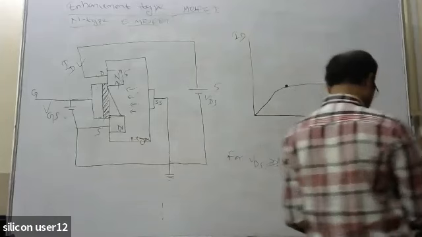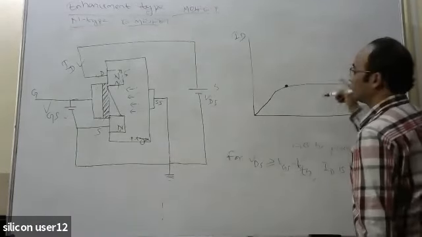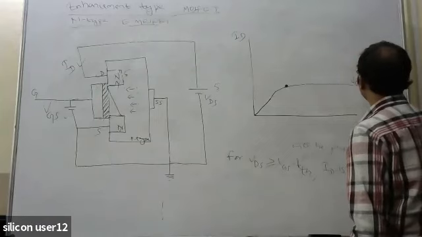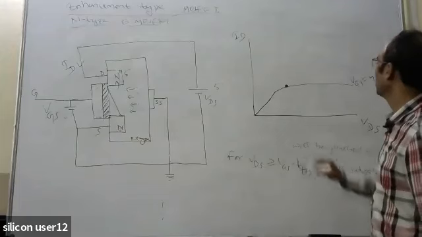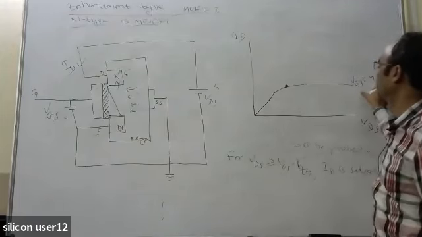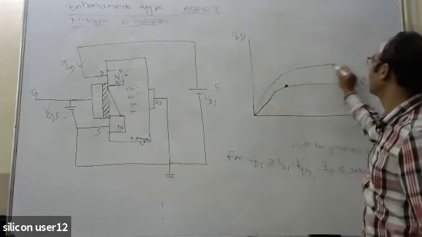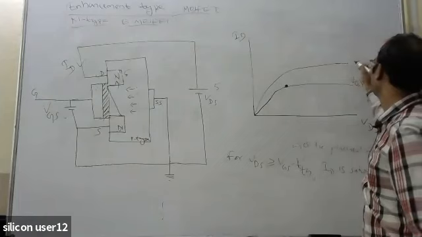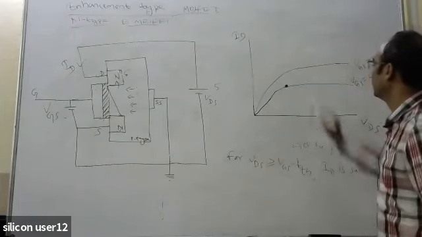Let us say this curve we have drawn with taking VGS equal to 4 volt. Similarly, if I take another curve for VGS equal to 5 volt, then this will saturate a little later.